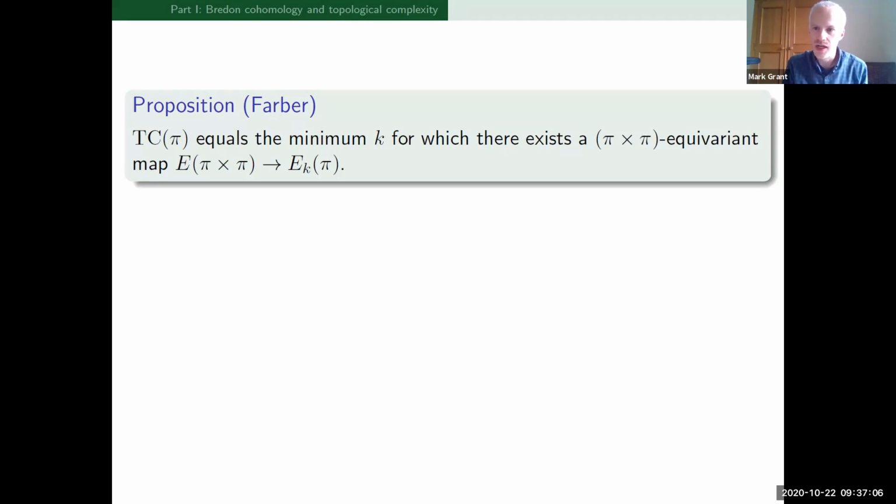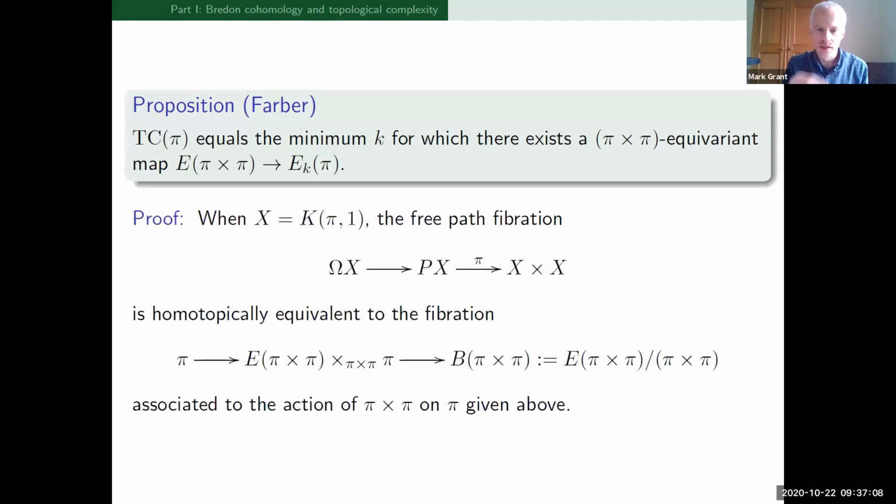I won't subject you to too many proofs, but it just uses a little bit of homotopy theory and the fact that the loop space of a K(pi,1) is a discrete space. So when you look at the free path fibration for X, a K(pi,1) space, you see that the fiber is homotopy equivalent to just pi viewed as a discrete space.